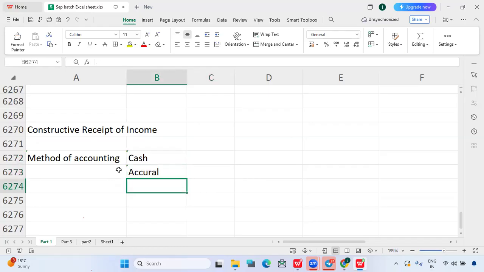In a simple example, the accrual method of accounting means we recognize income irrespective of cash.